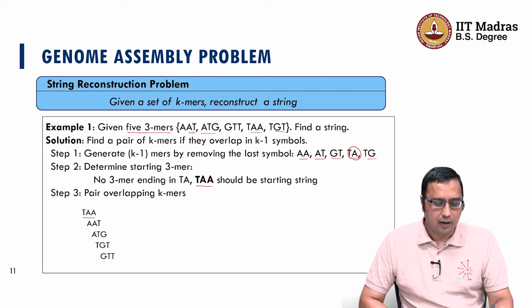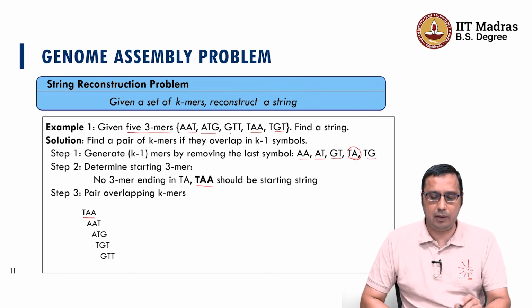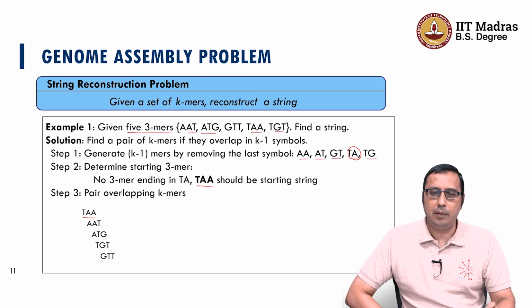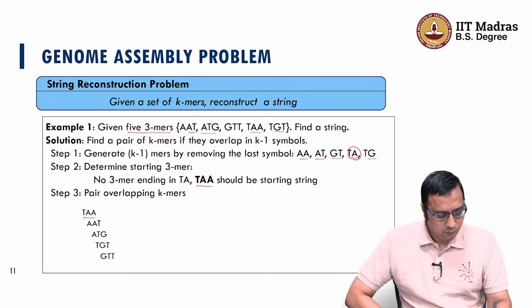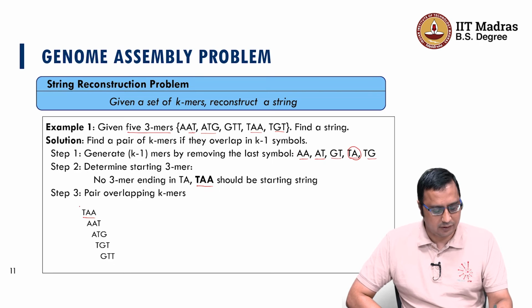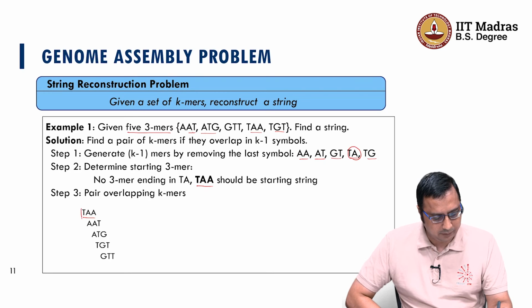Similarly, I have found another three-mer which starts with AT because my previous string was ending with AT, and then I keep doing it until I have used all the k-mers in my set. Now, once I have that, I can reconstruct the string in a simple manner.